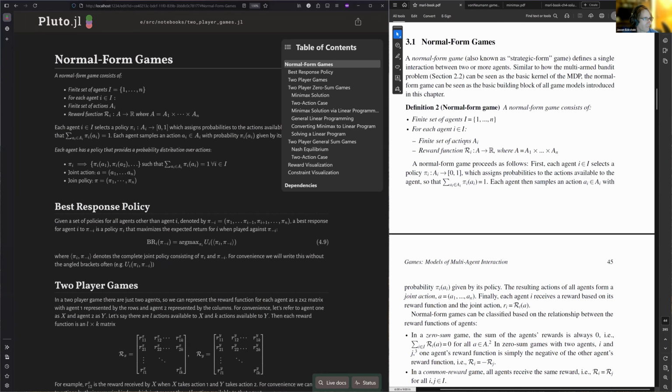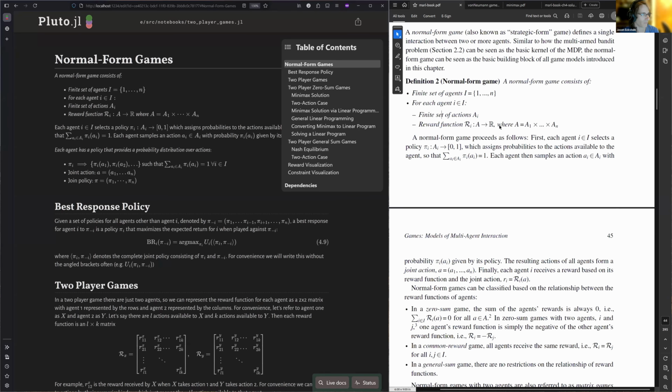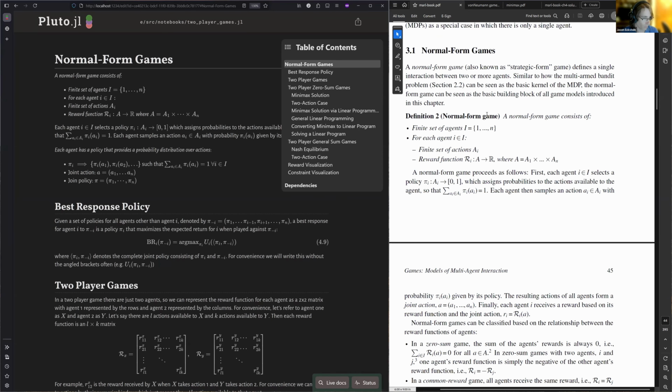But the difference is here, the game stays the same over and over. This is just a single game that we could write down exactly what reward each agent gets for the joint action. So there's no history here. There's no transitioning into different types of games. And this already contains a lot of the math and complexity that we have to deal with.